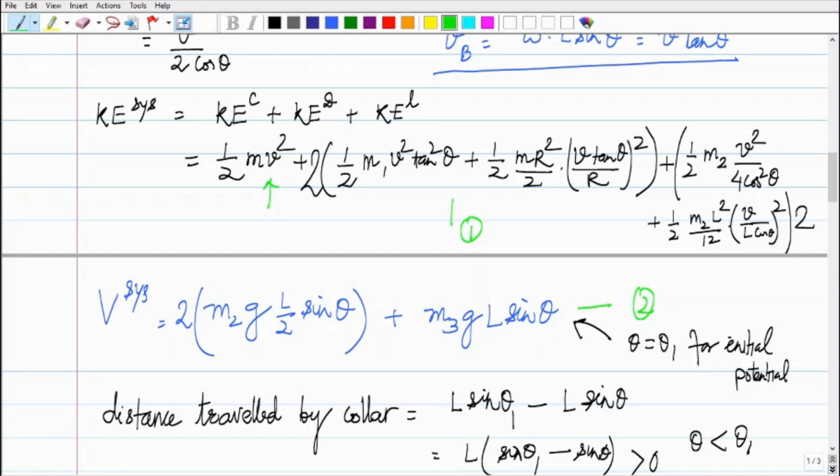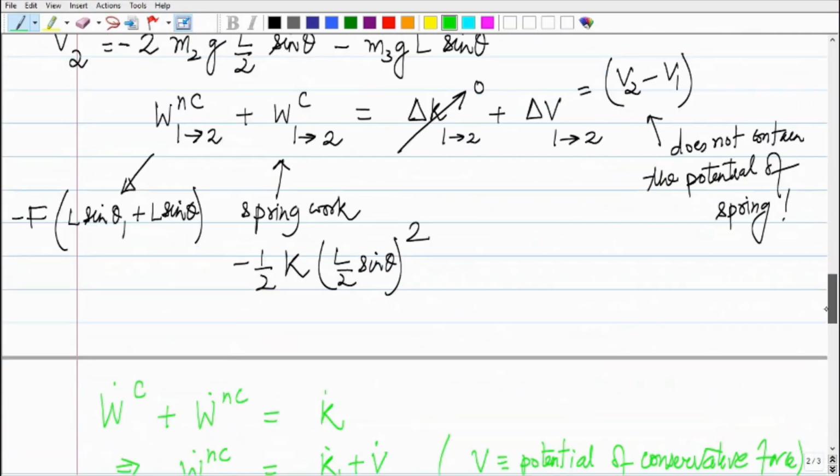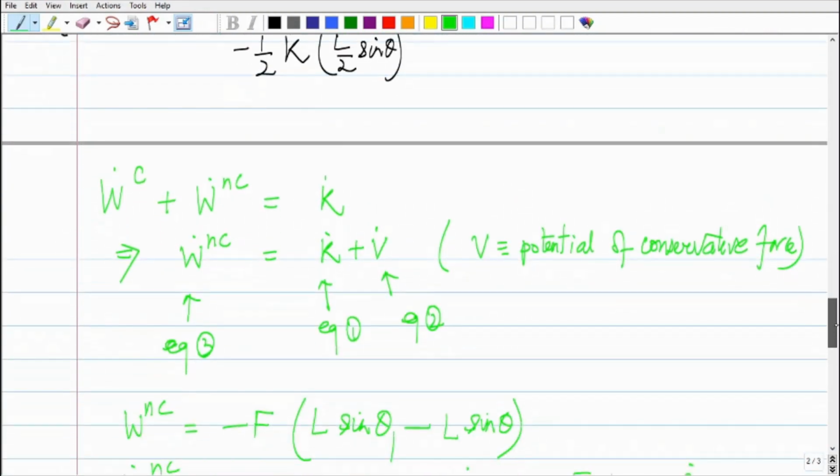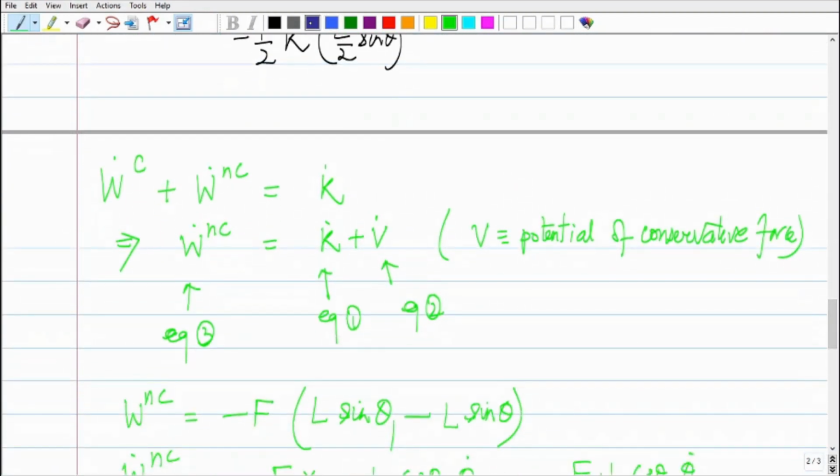But theta dot is known in terms of V. So finally, when you do the K dot, you'll get an expression in terms of V, theta, theta dot, and V dot.